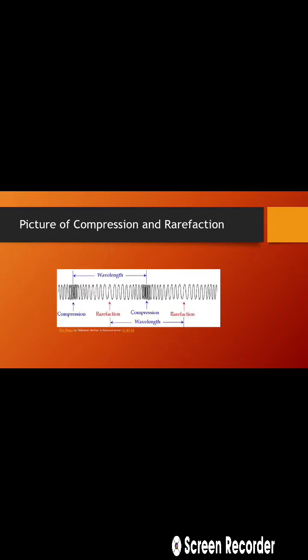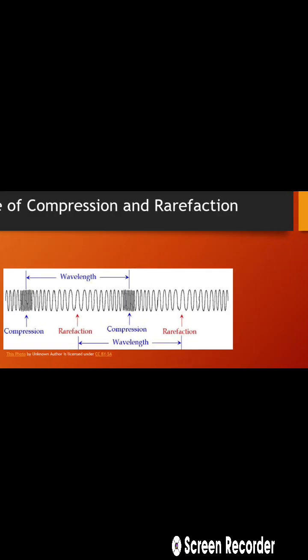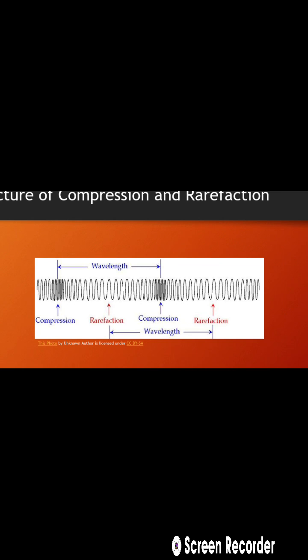So here is the picture of compression and rarefaction. Here, friends, you can easily see the waves which are farther away from one another than they normally are; this is called rarefaction. And the lines which are close to each other, closer than normal, are compression.